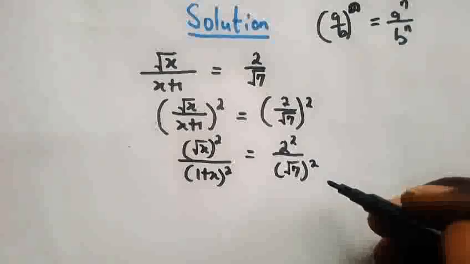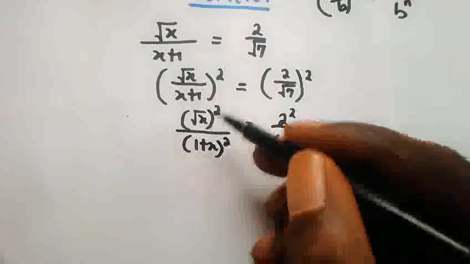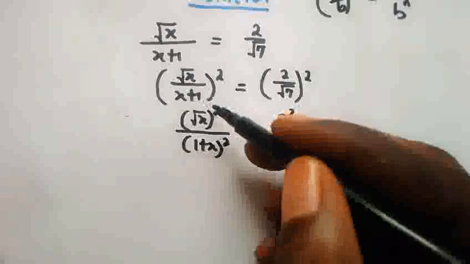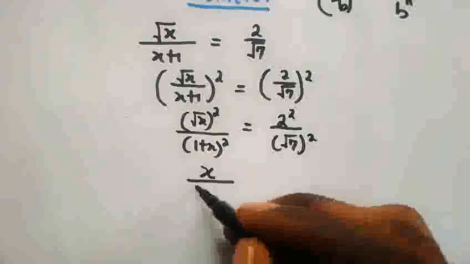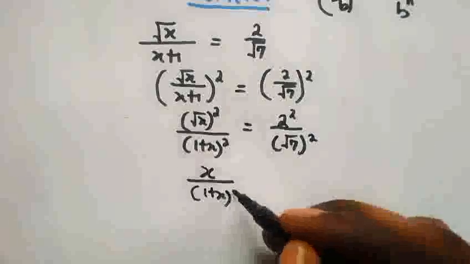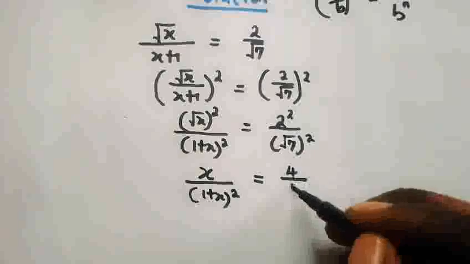Now the square root of x raised to power 2, the square root and the square cancel out, so we're left with x all over 1 plus x squared is equal to 4 all over 7.